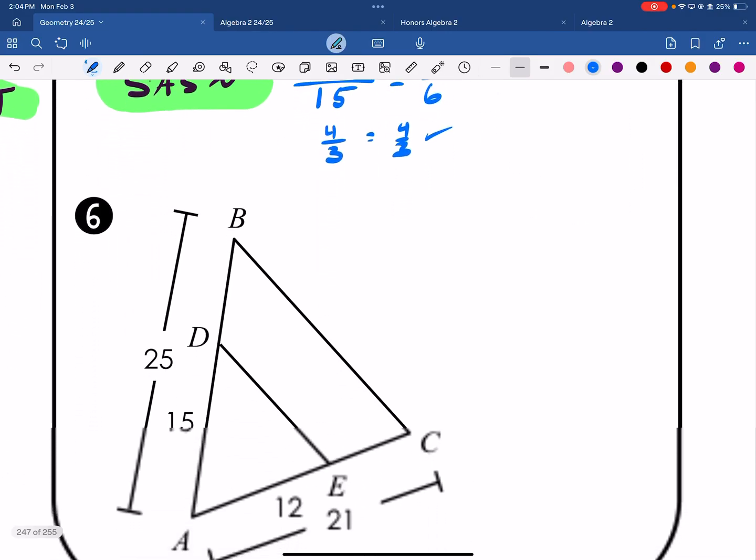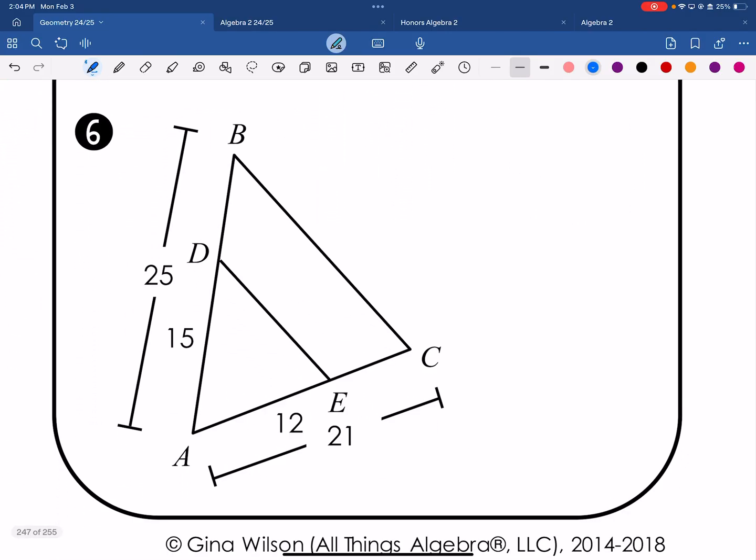Okay. This is where they start again, depending on what you can see and how you see it. This is where these can start to get a little bit more confusing.